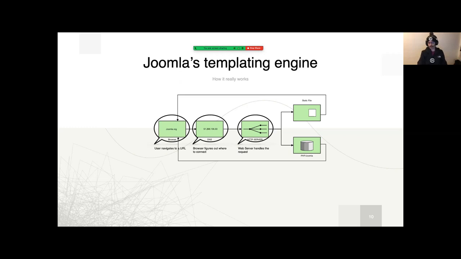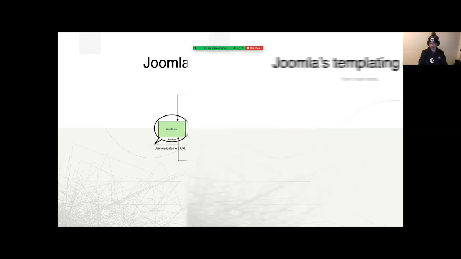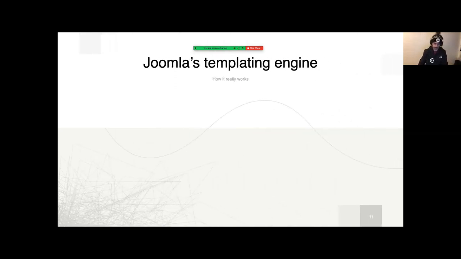In this case, it was joomla.org/, a single URL without any file in it, so it's not falling into that bucket. Since the server doesn't know what to do and doesn't have any file to respond with, it will reach to the next application and ask PHP to handle this request.